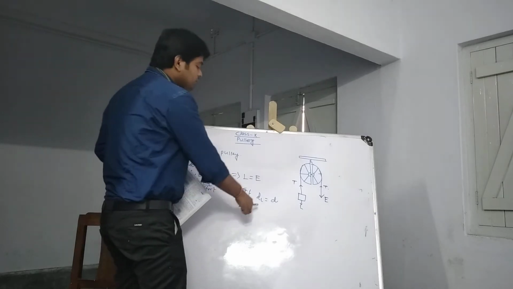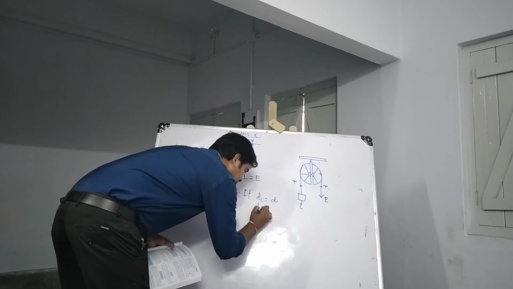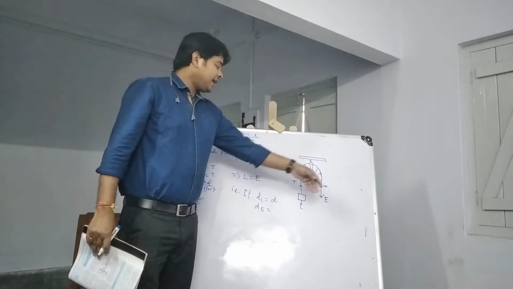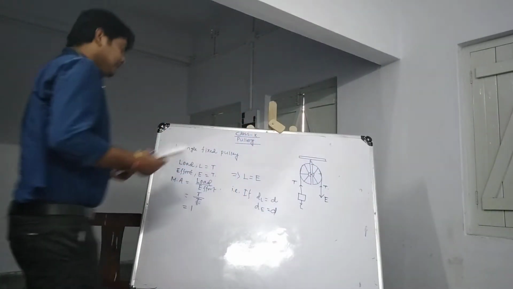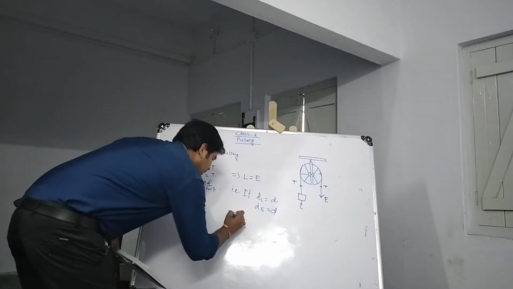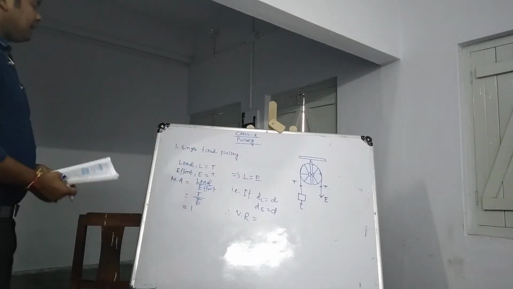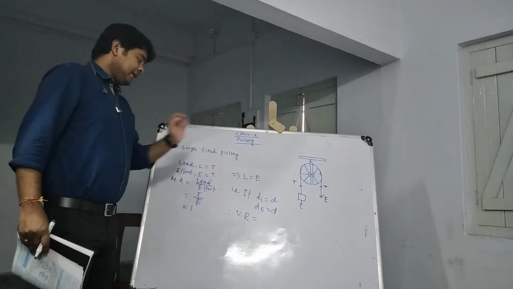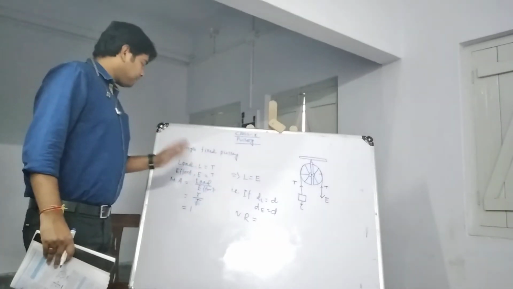That is, if the distance moved by the load is d, then the displacement due to the effort is also d. From this, we can write the velocity ratio. What is the definition of velocity ratio? It is defined as the distance moved by the effort divided by the distance moved by the load.